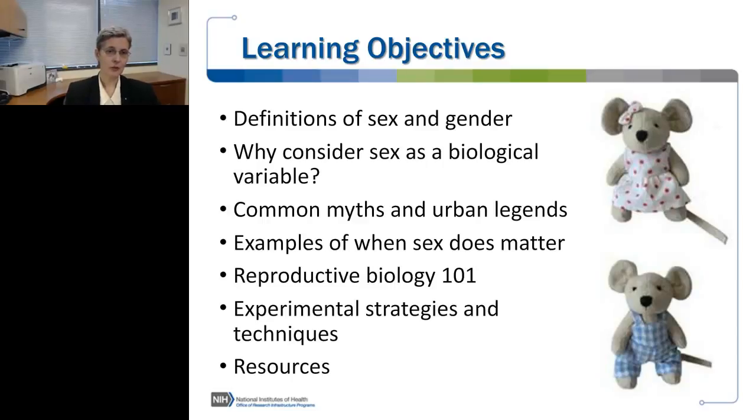I will then describe some common myths and urban legends about sex as a biological variable and provide some examples of when sex matters in human diseases and experimental studies with rodents. Lastly, I will review some general reproductive biology principles, experimental strategies, investigative techniques, and available resources to be aware of when contemplating sex as a biological variable in rodent and other animal models.